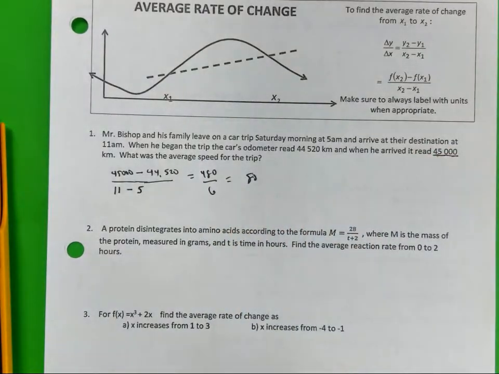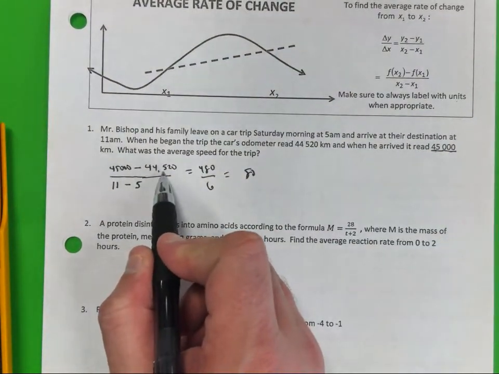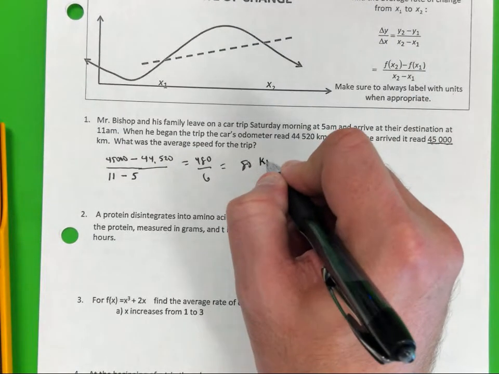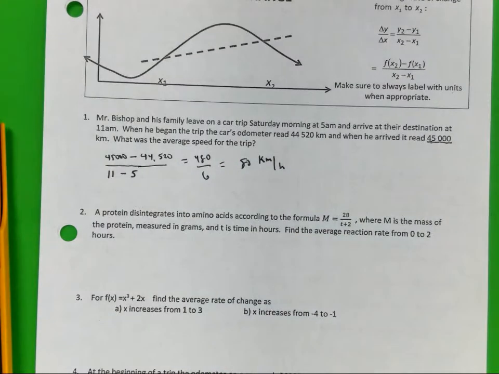Now, you need to make sure you include units. What was on top, guys? Kilometers? So I'm going to put 80 kilometers over hours, per hour.